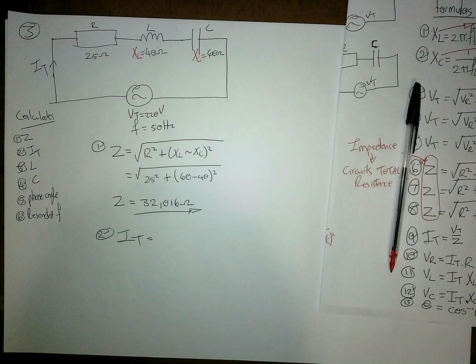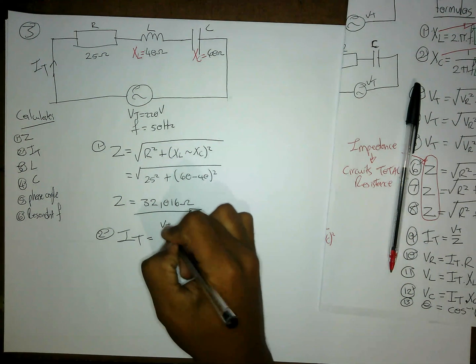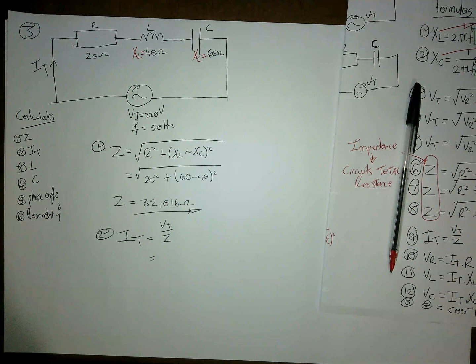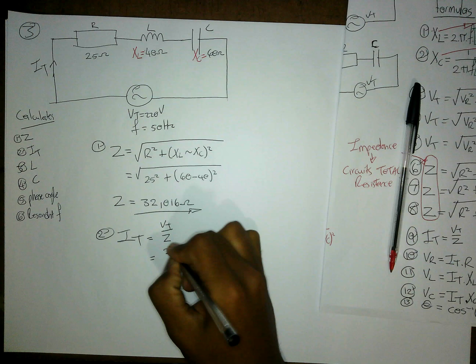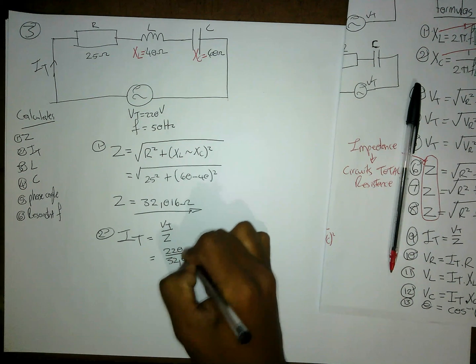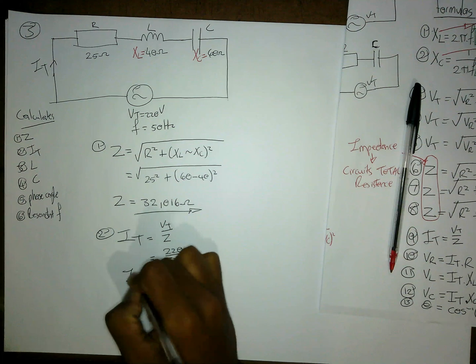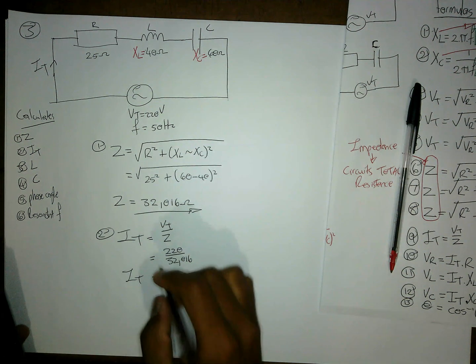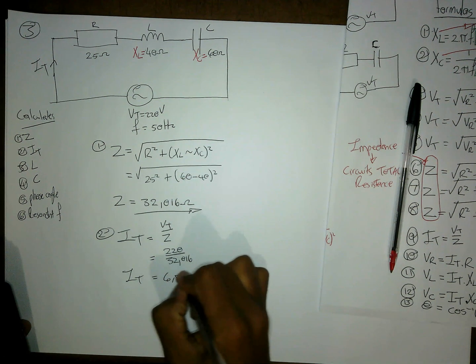This last one, okay, it's V total over Z. Yes. So we have 220 over 32.016. Hard stuff, okay.